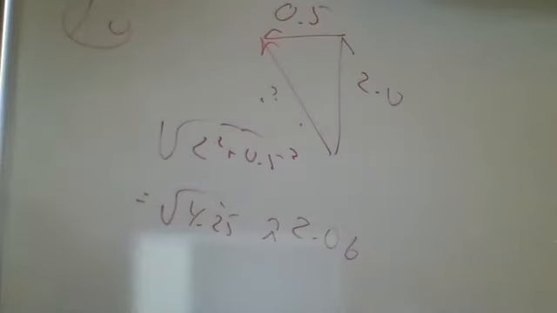To do the angle, I would do the inverse tangent of the rise over the run. So that's all I needed to get the answer, okay? The answer has to be C without going any further, okay?